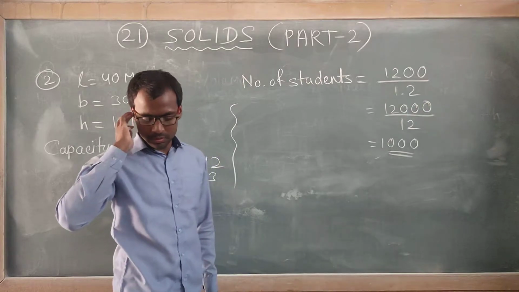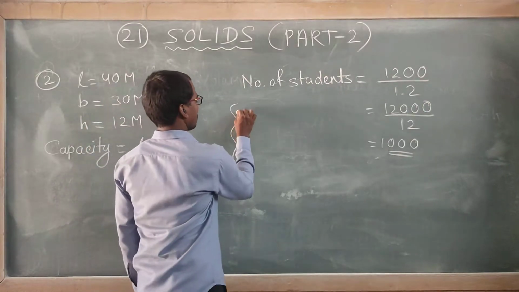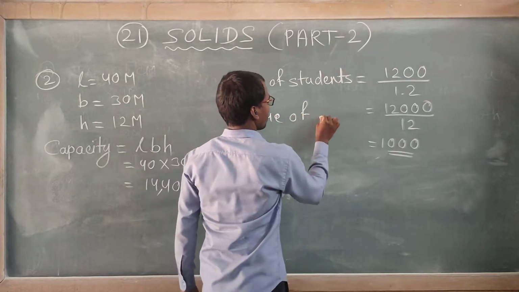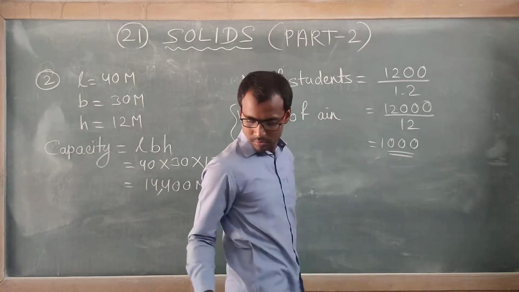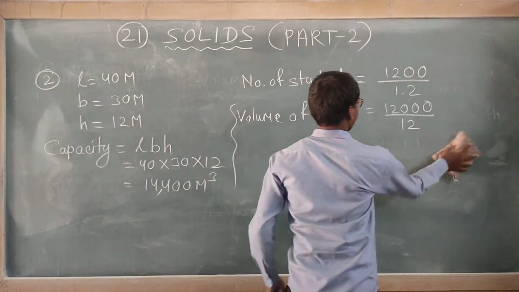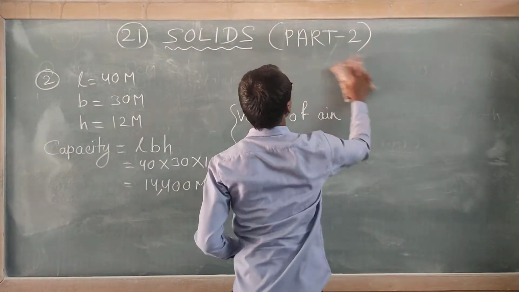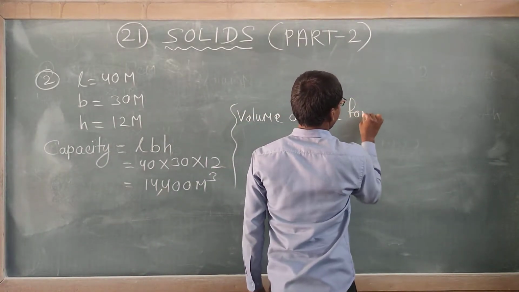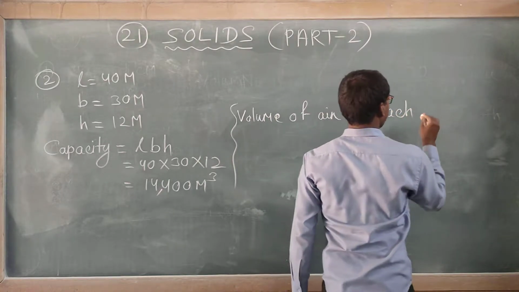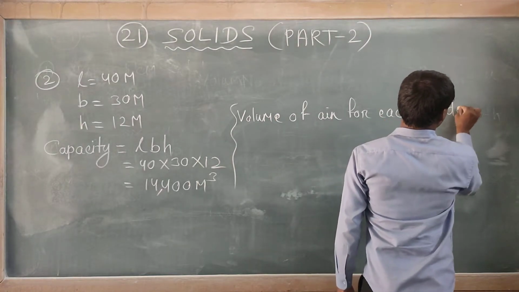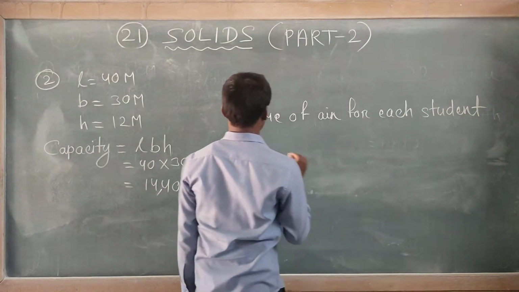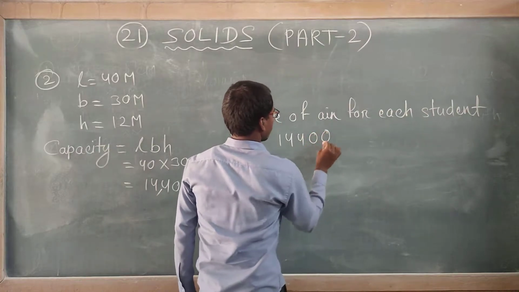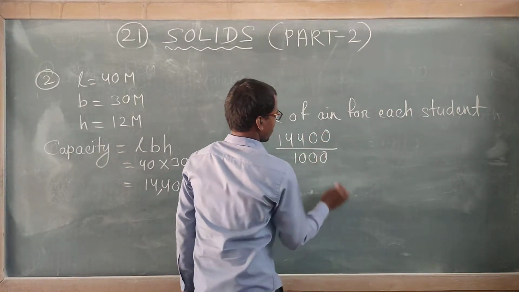Volume of air for each student is equal to 14400 by 1000.